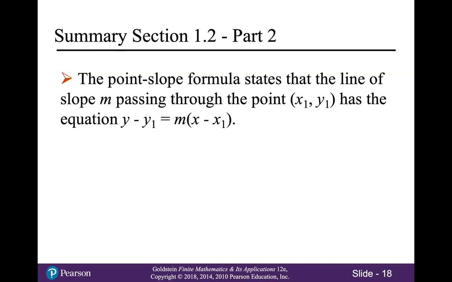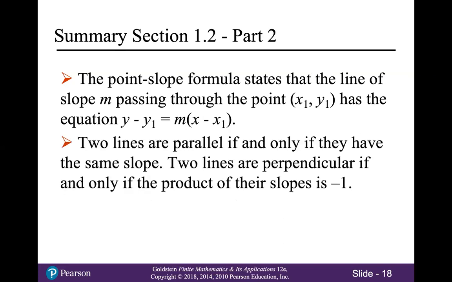The point-slope formula states that the line of slope m passing through the point x1, y1 has the equation y minus y1 equals m times x minus x1. And finally, two lines are parallel if and only if they have the same slope. And two lines are perpendicular if and only if the product of their slopes is -1.